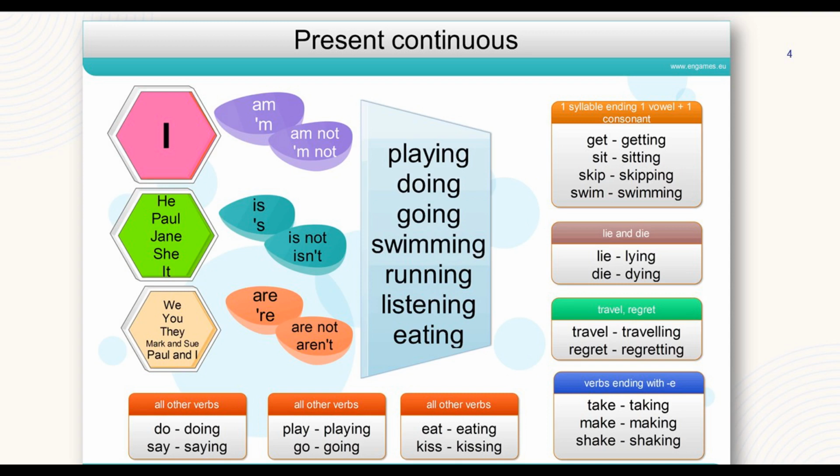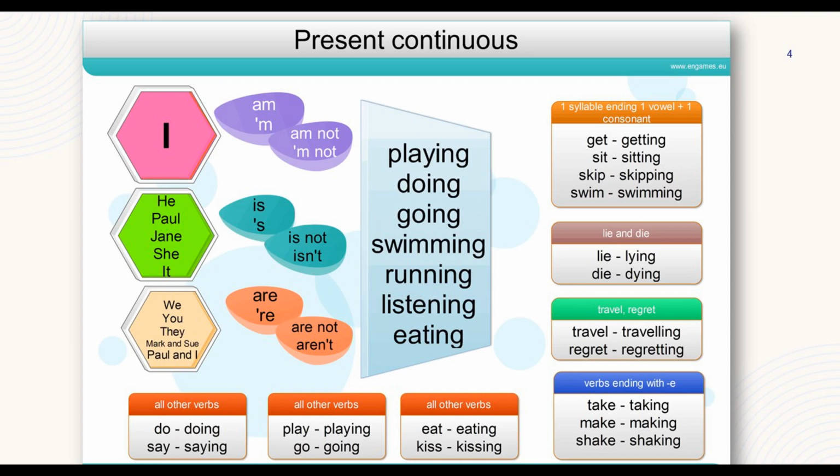He is playing. He is doing. Paul is going. Paul is not swimming. She is running. She is not listening. It isn't eating.